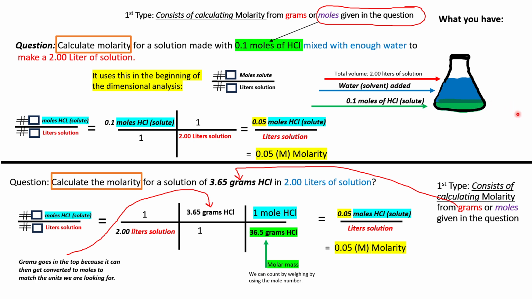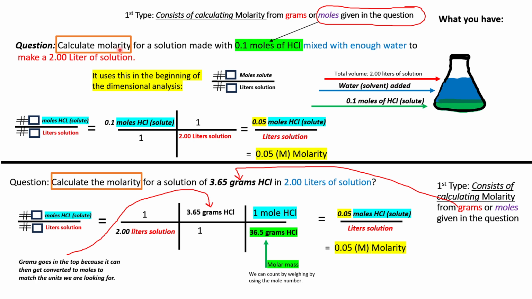And they're asking us to calculate the molarity, meaning how concentrated this sample is. As mentioned previously, in the beginning of the dimensional analysis, we have to use moles of solute over liters of solution because we're trying to find out what molarity is.